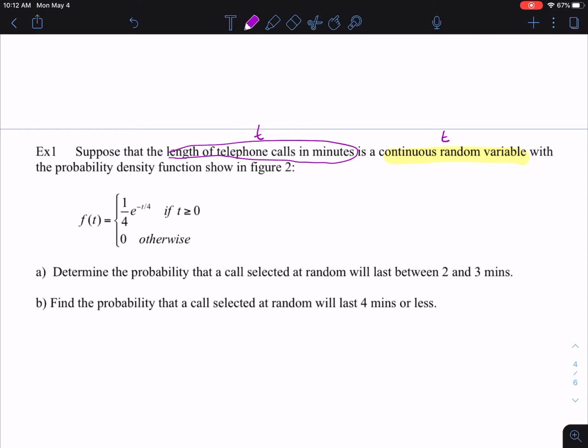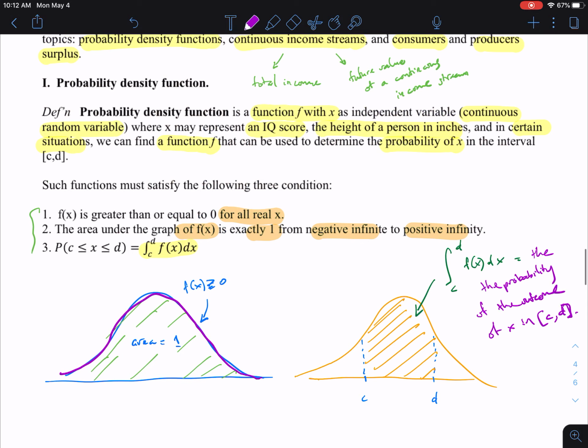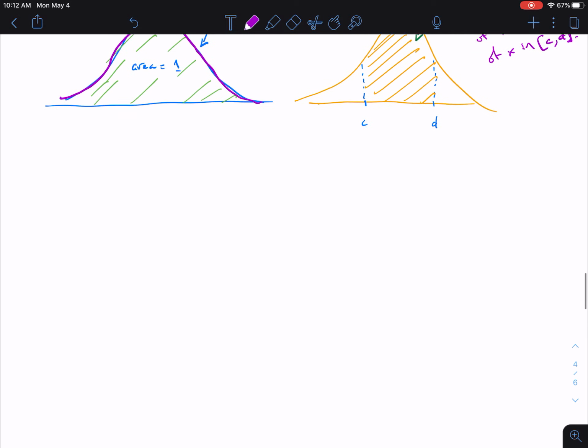And f of t is a formula that describes the probability of how long a telephone call lasts between certain minutes. As I said earlier, in some situations we're able to find this function f of x, or in this case f of t.